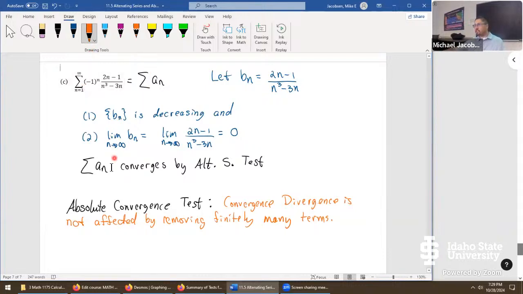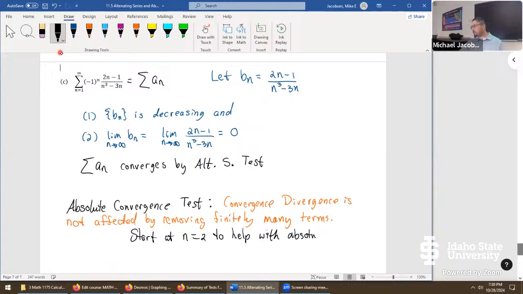And if this is a convergent series, or this one right here, when we're doing the absolute convergence test with absolute values on it, then the convergence or divergence of that won't be affected if we take off a couple terms. So in this problem, just to make absolute values easy, start at n equals 2 to help with absolute value.